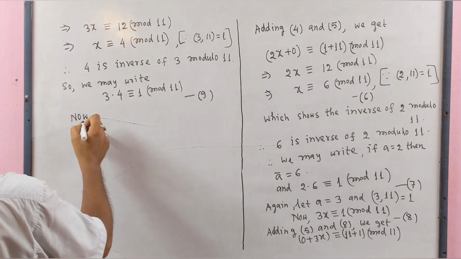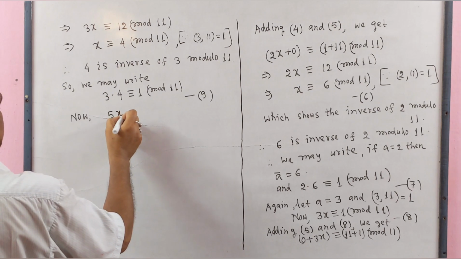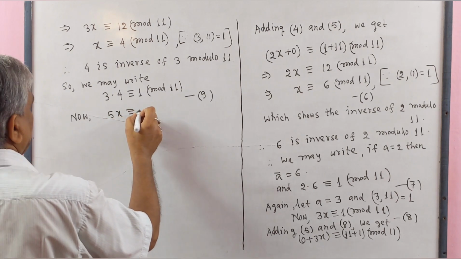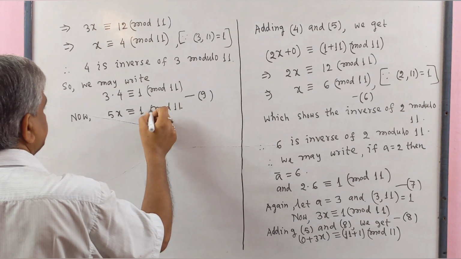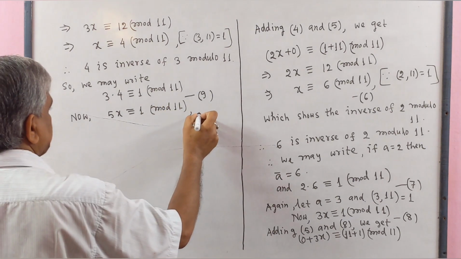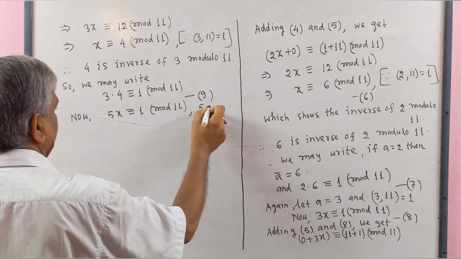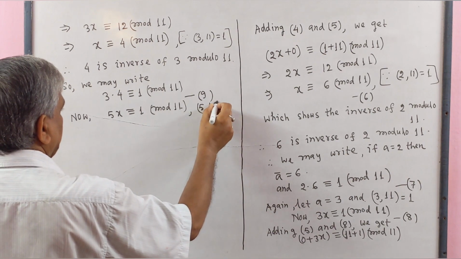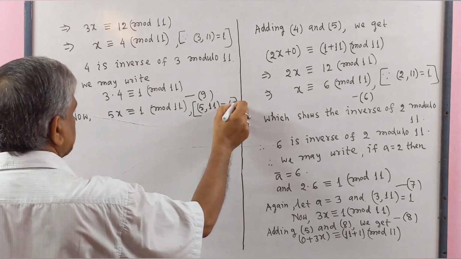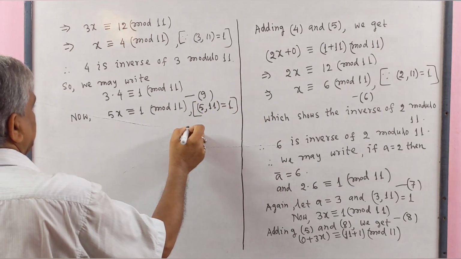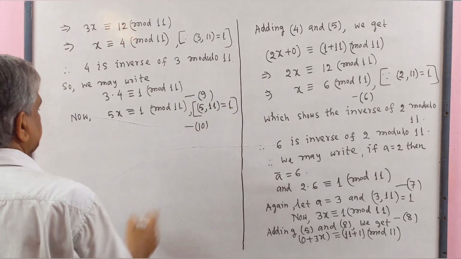Now, 5x congruent to 1 modulo 11. Since GCD of 5 and 11 equal to 1, let this be number 10.